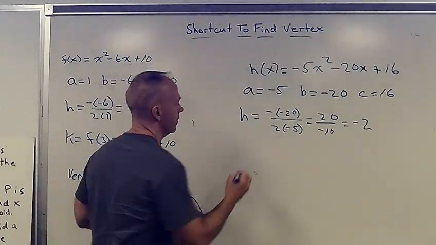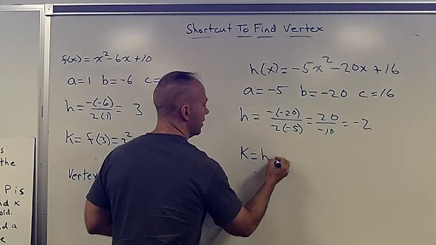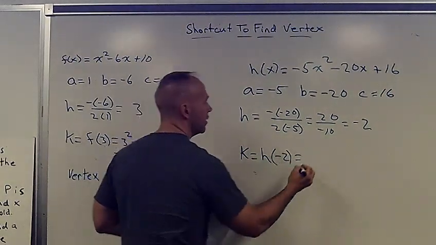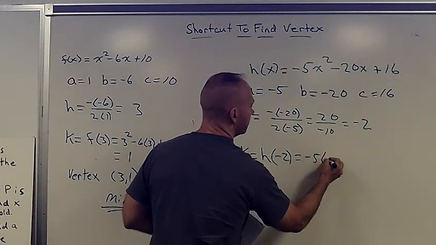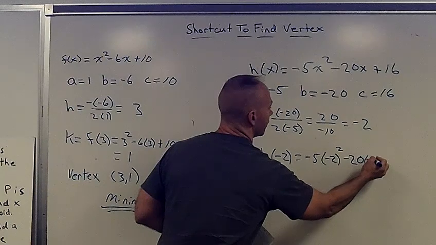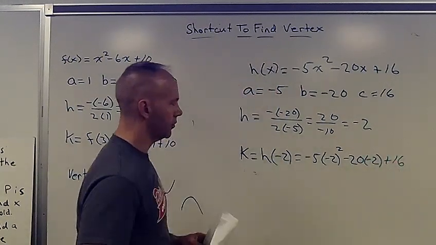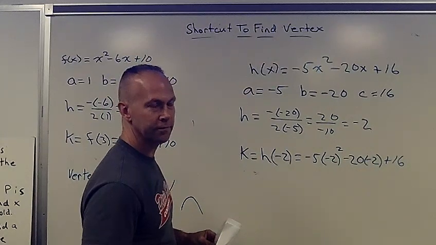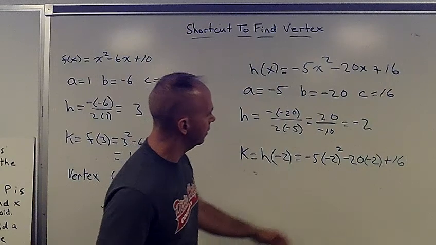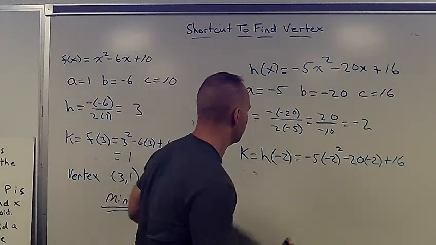Yeah, right. Okay, so for k, we're going to take, in this case, h of negative 2. Plugging that in, we get negative 5 times negative 2 squared, minus 20 times negative 2, plus 16. And let's see, do we need our calculator for this? No, we're accelerated. So we get negative 20 plus 40 is positive 20, plus 16, that's 36.